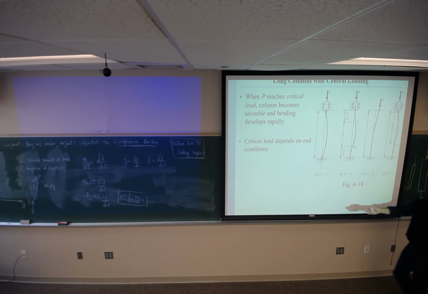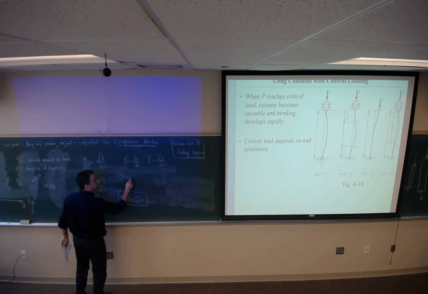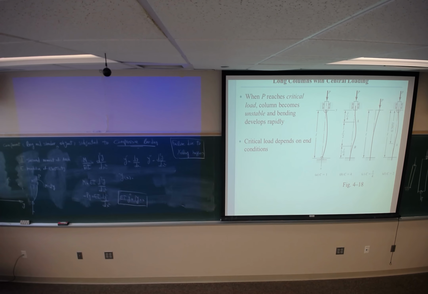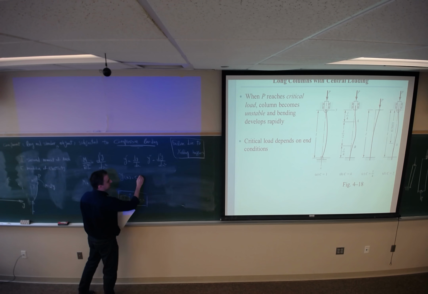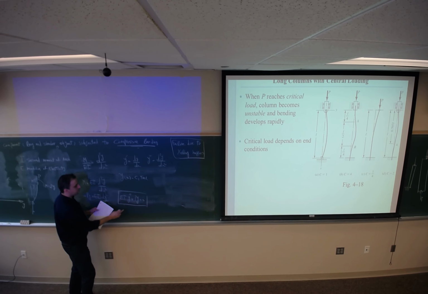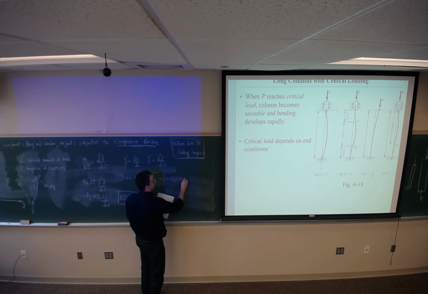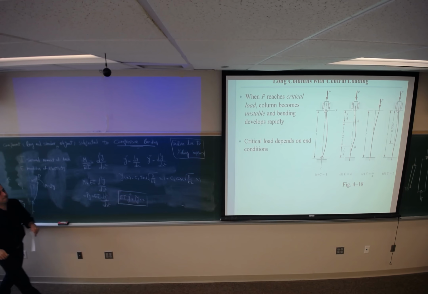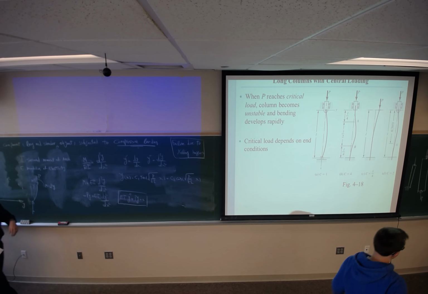We can solve for Y. What would be Y as a function of X? What would be the deflection over the beam, over the column, sorry. The response for this is going to be C1 sine of square root of P over EI times X plus C2 cosine of square root of P over EI times X. For a second order differential equation, the response is going to look like this.